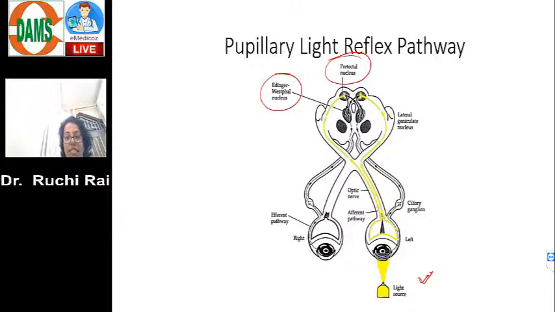What is important to remember here is that the light reflex pathway is not going down from the tract, it is deviating into the pretectal nucleus and Edinger-Westphal. Therefore, hemianopic pupil is only a feature of tract lesion. Correct?